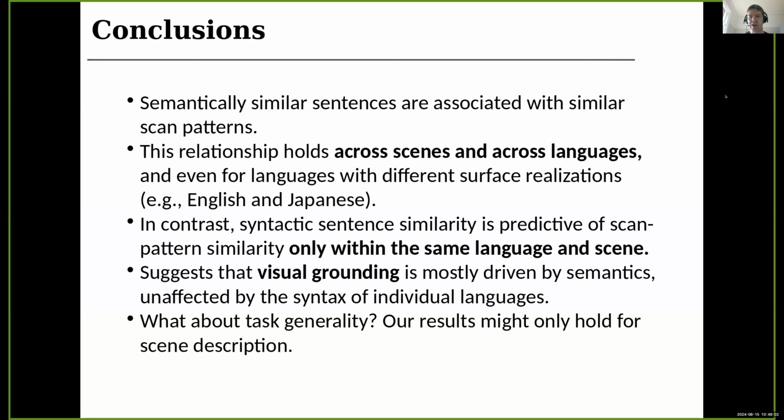What we have done, and this is quite interesting, is that this correlation that we saw holds also for the planning phase. So when people are not speaking yet, if we take the sentence that they will speak and align it with the scan pattern during planning, then that's similar. So people basically make the same scan pattern twice, once during planning and once during speaking.